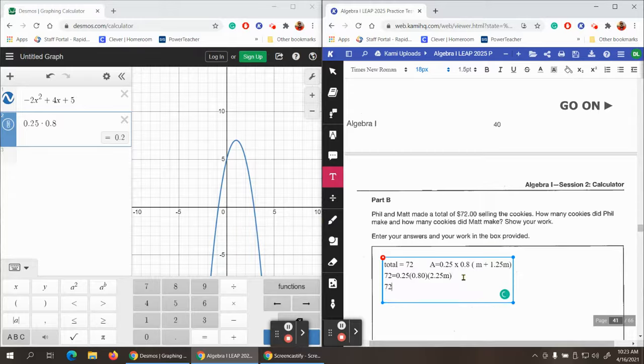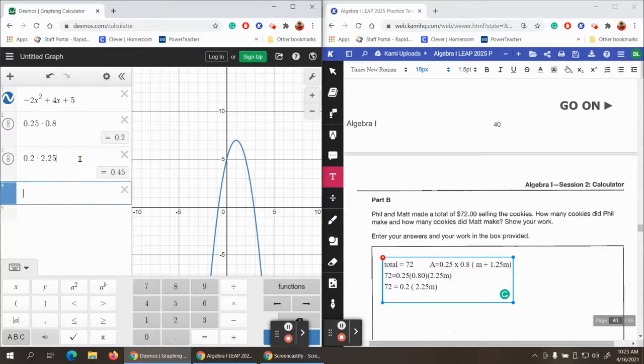So that is 72 equals 0.8 of 2.25 m. So 2.25 m, times 0.8. That is 72 equals 0.45 m.